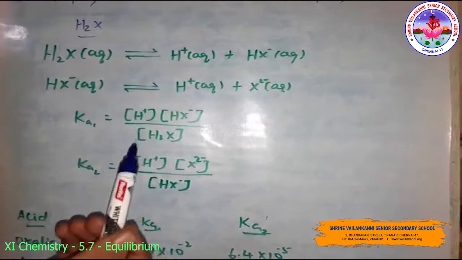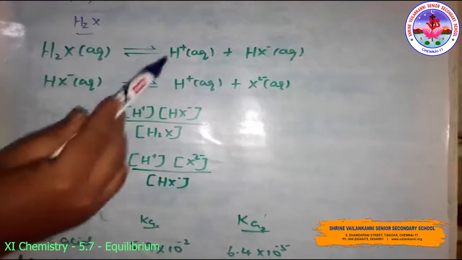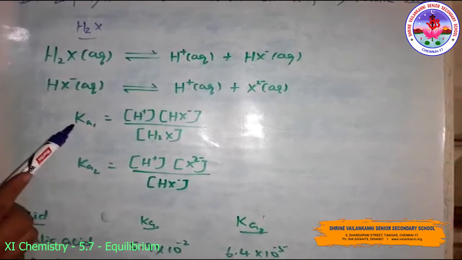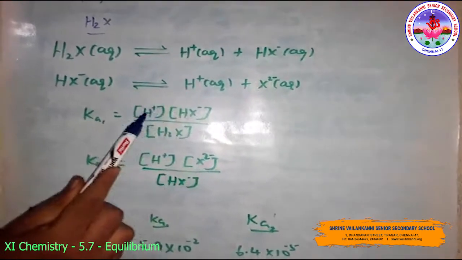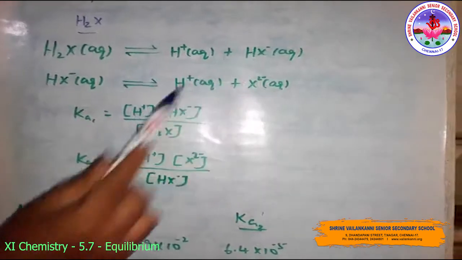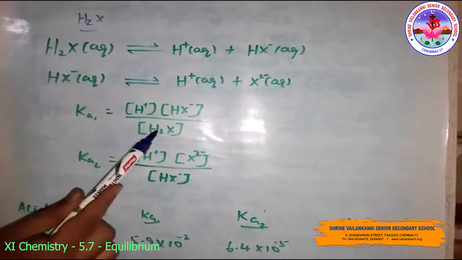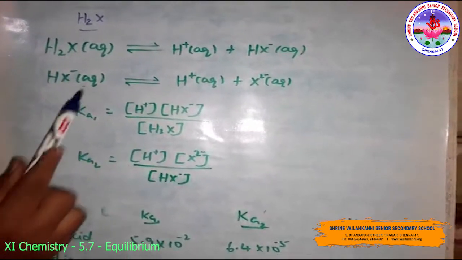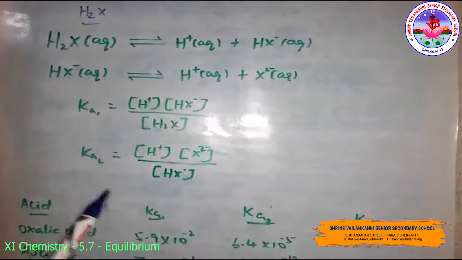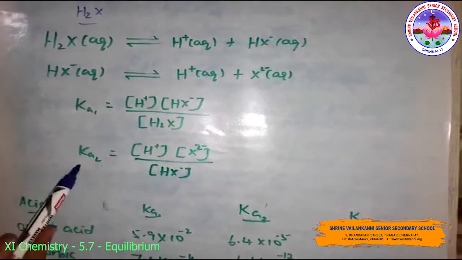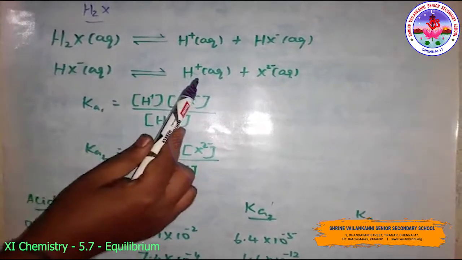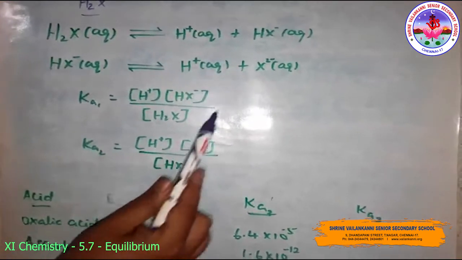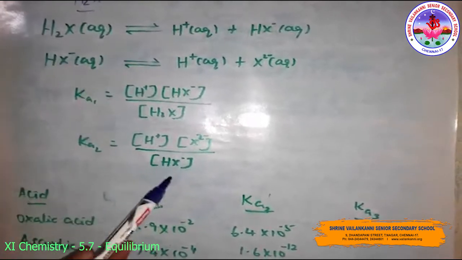For these reactions, the corresponding equilibrium constants can be written like this: Ka1 for the first reaction is the concentration of H plus times the concentration of HX minus divided by the concentration of H2X. Ka2 is the equilibrium constant for the second step: the concentration of H plus times the concentration of X2 minus divided by the concentration of HX minus.